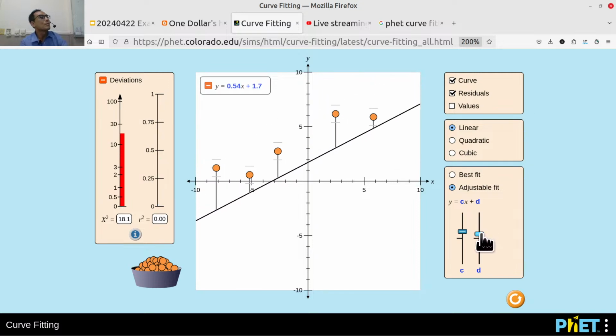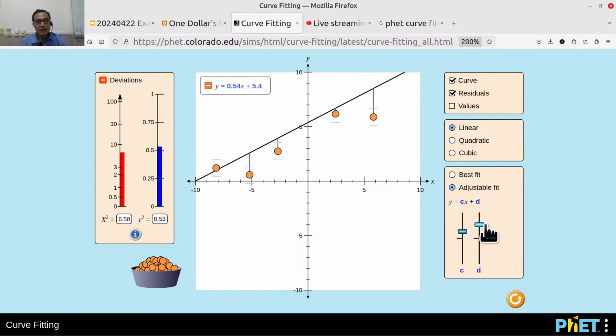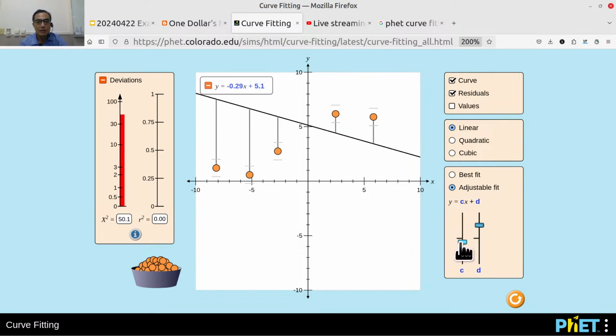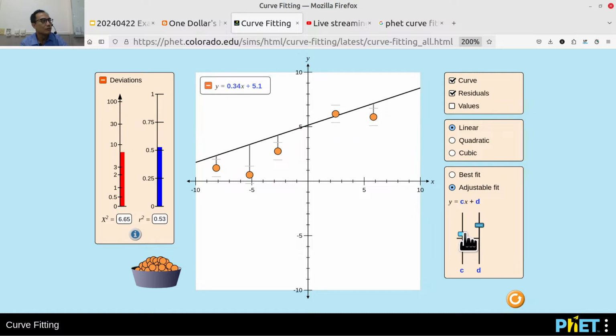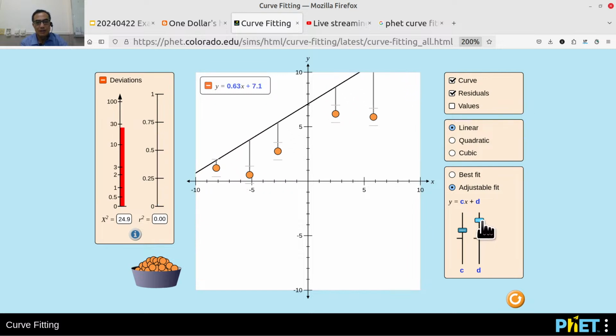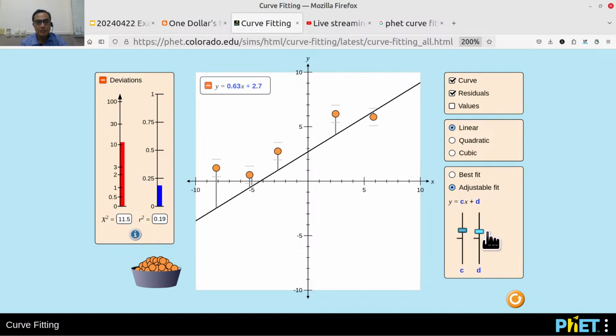Okay, you can follow my steps like this. Select adjustable fit. Instead of the best fit that conducted by the computer, you can select adjustable fit and change the x value. It changes the slope of the line. You move the D. The D means the intersection of the line, not the slope.